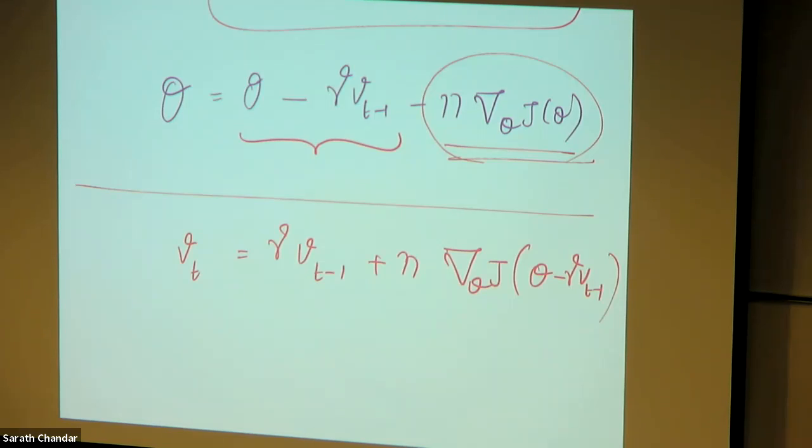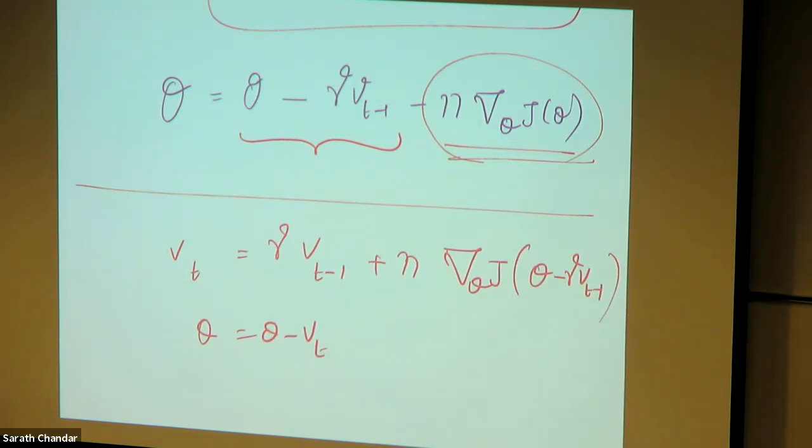Is that clear? I think I confused things by using similar V and gamma, so let's just call this V. Then I do theta is equal to theta minus V_t. Is that clear?